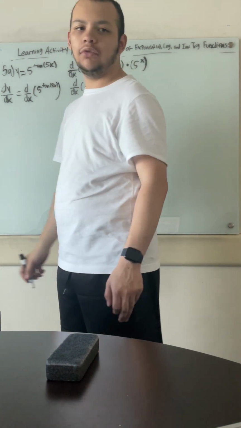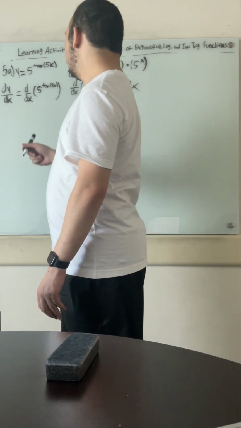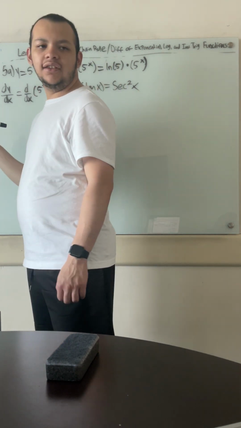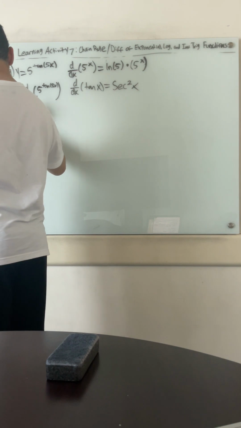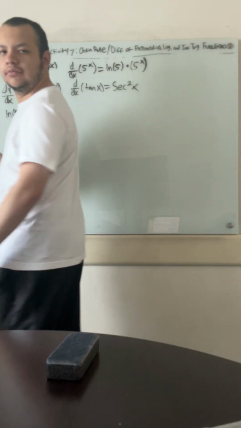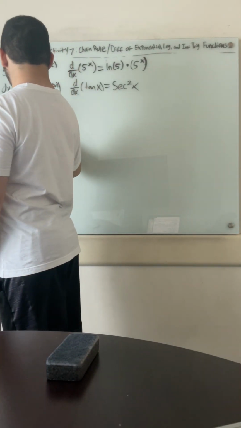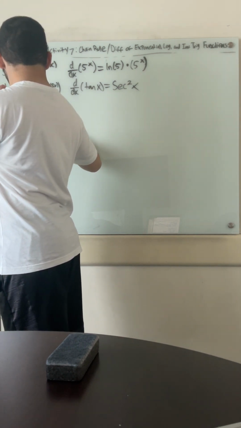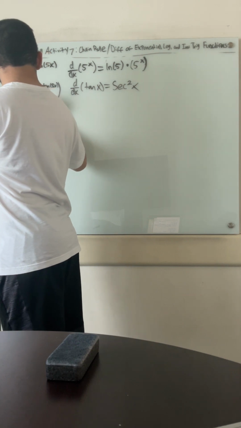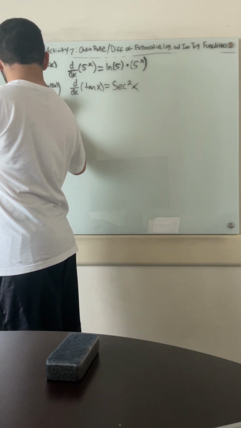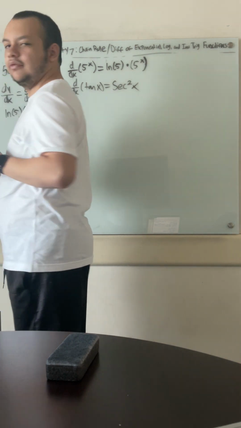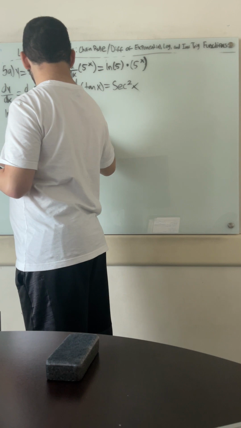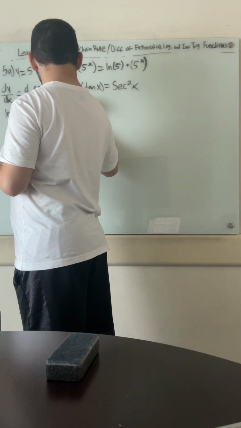Now that we have this, we're going to take the derivative of 5 to the tangent of 5x. So we have ln of 5 times 5 to the tangent of 5x times the derivative of tangent 5x.